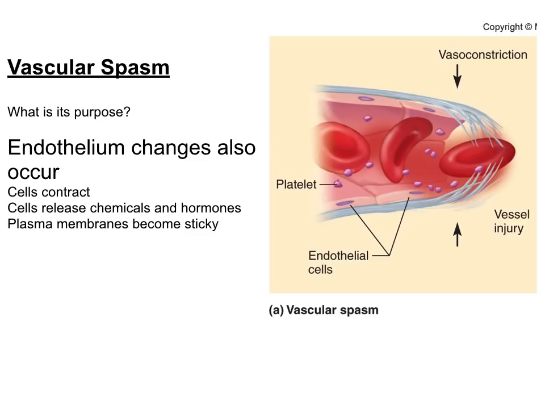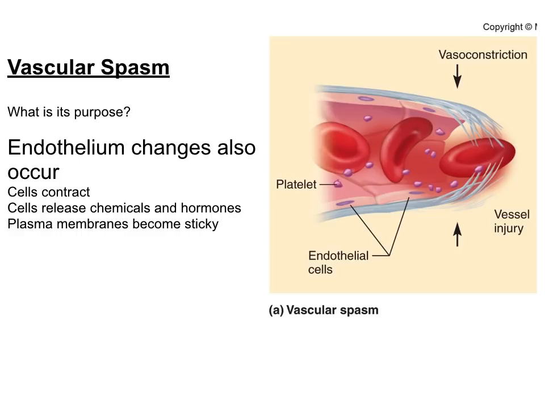Now, in addition to the smooth muscle contracting, there are also changes occurring during vascular spasm to the endothelium of your vessel. The endothelium is the inner lining of your blood vessel, and that inner lining is made out of endothelial cells. So after injury, as the smooth muscle is contracting, the endothelial cells also contract. And when they contract, they expose a structure called the basement membrane.